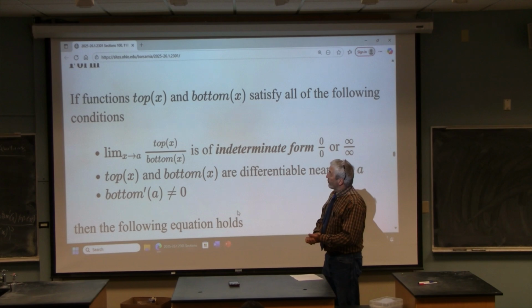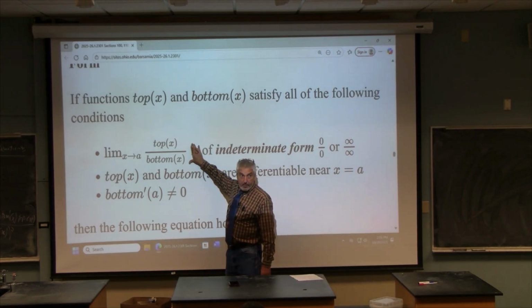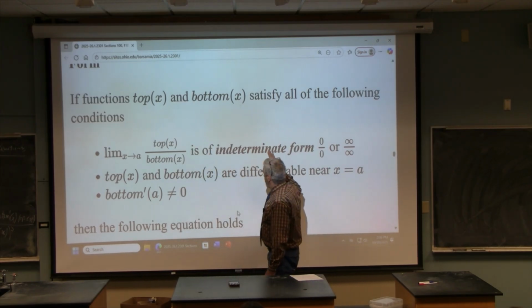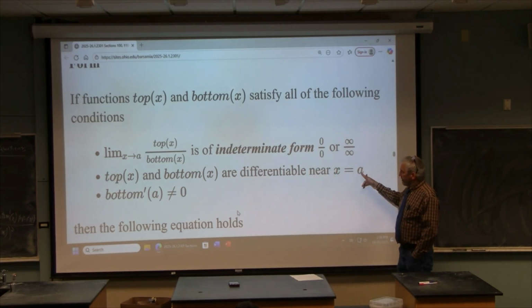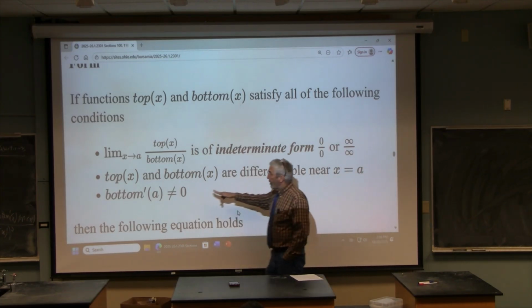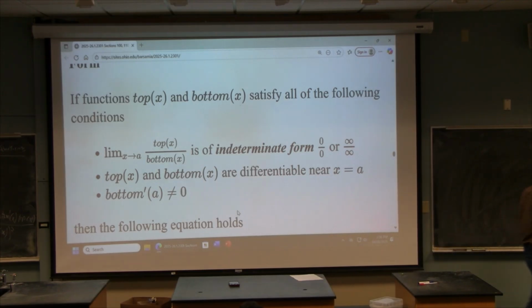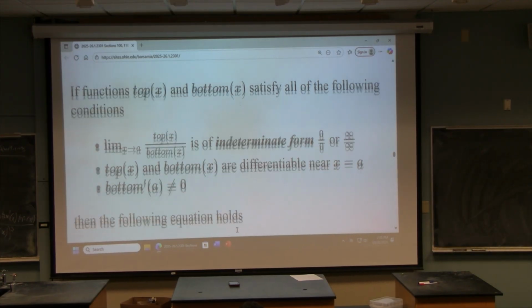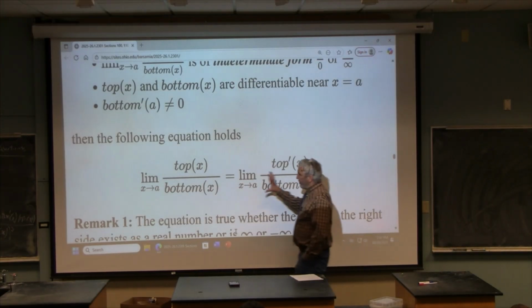So if you have a function called top of x and a function called bottom of x, and they satisfy all these conditions, first of all, the limit's got to be in indeterminate form. And then the top and bottom functions need to be differentiable near x equals a. And furthermore, bottom prime at a has to not be 0. If all that stuff is true, then this equation is true.